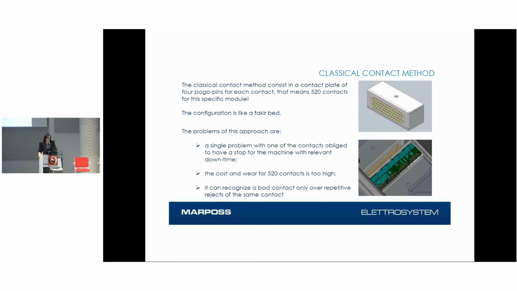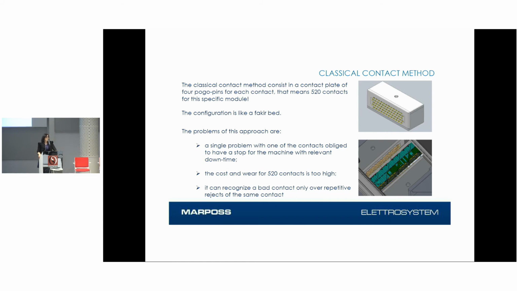The classical method for this module consists of a plate with all these contacts that we have to put in contact with the terminals of the cells. And there are many contacts present in one plate. So in this case, we have 520 contacts.